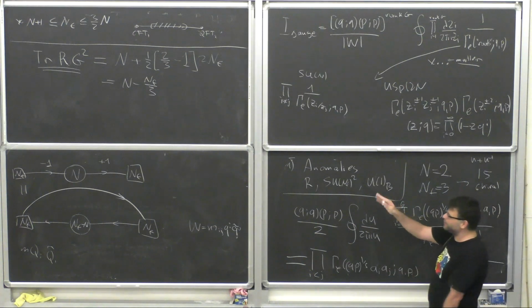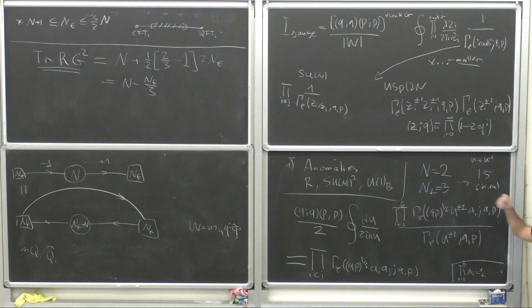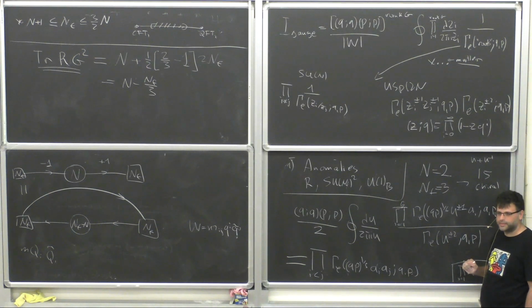Seiberg duality is roughly 94, 95. The definition of the index, as I defined it, is about 2005 by Romelsberger and Maldacena, Kinney, Minwalla, and Raju. And the mathematical proof of this identity is around 2000.